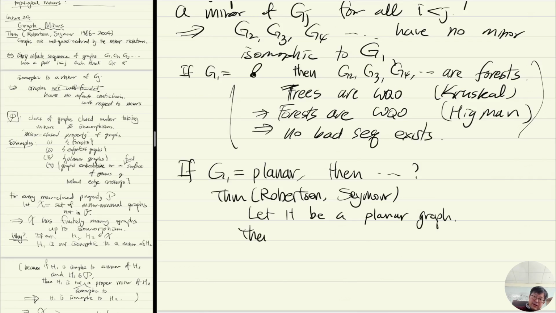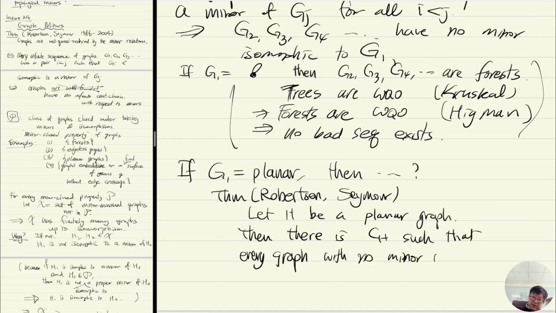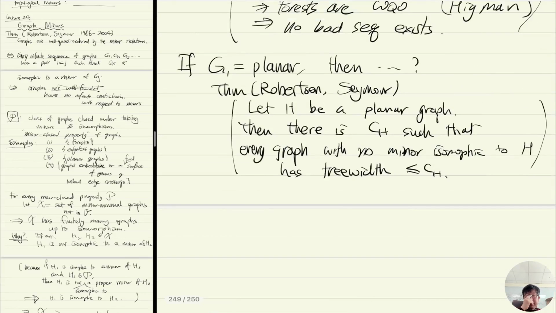Then there is a constant c(H), depending on H, such that every graph with no minor isomorphic to H has tree width at most c(H).